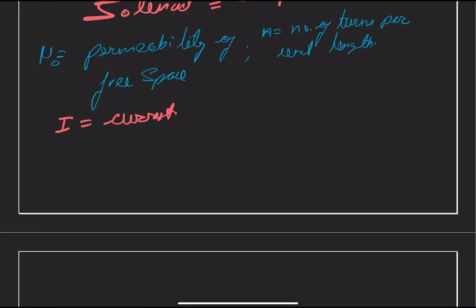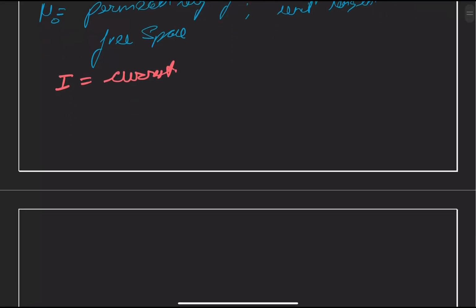And for an ideal solenoid, we know that the field is confined only to the inside of the solenoid, and outside the field is 0.